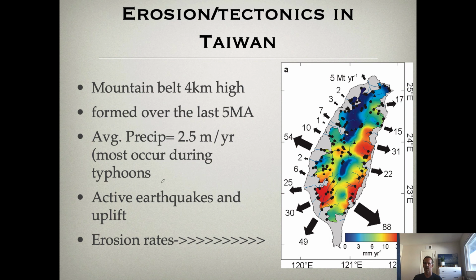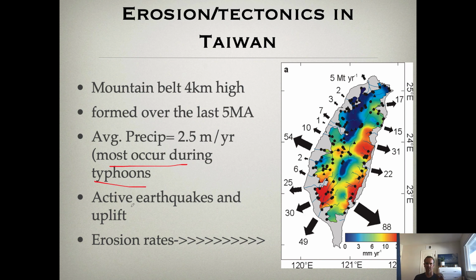And it has pretty high precipitation rates, about 2.5 meters per year, right? So a meter is 3 feet, so we're looking at almost 8 feet of precipitation per year. And most of this occurs during low tropical storms that come through called typhoons.